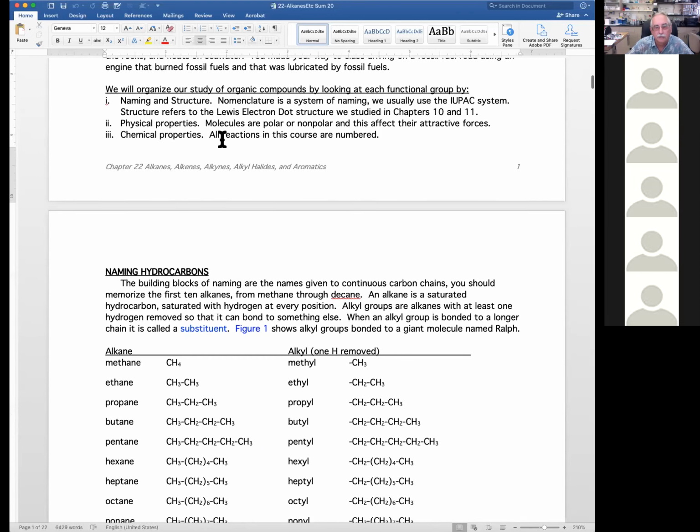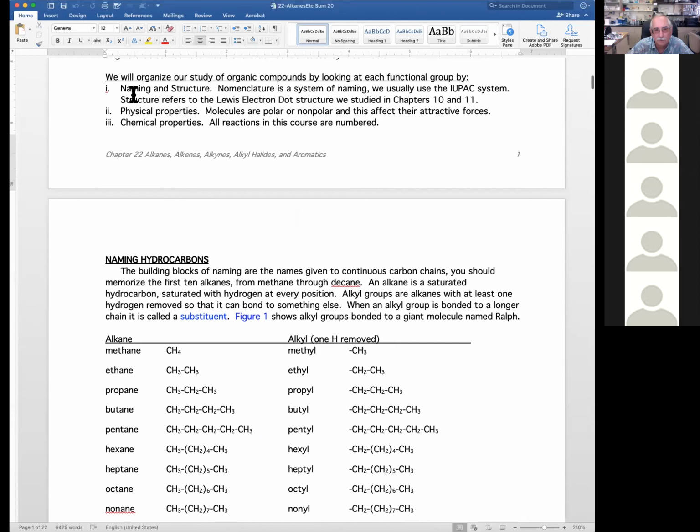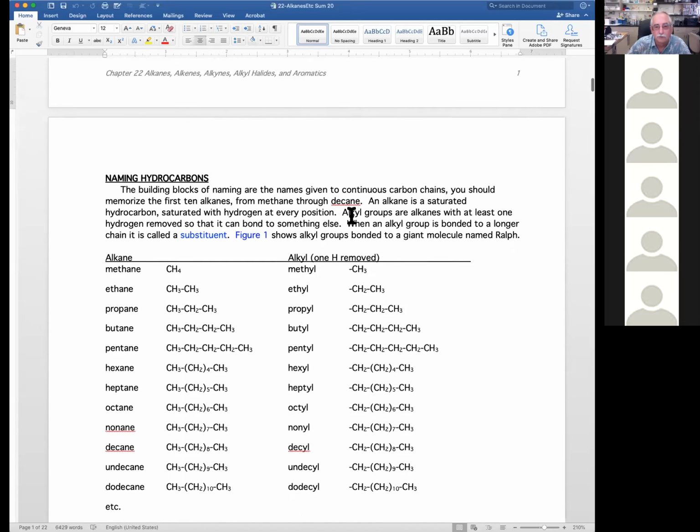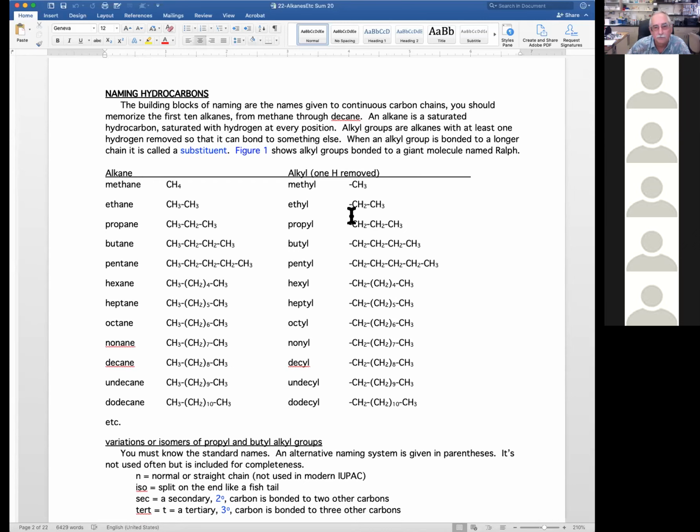So first we'll look at the hydrocarbons, only hydrogen and carbon. And so how do we name them? So we do naming, physical properties, and then chemical properties. And every chemical property, I'll give a consecutive number. So it goes by the number of carbons.